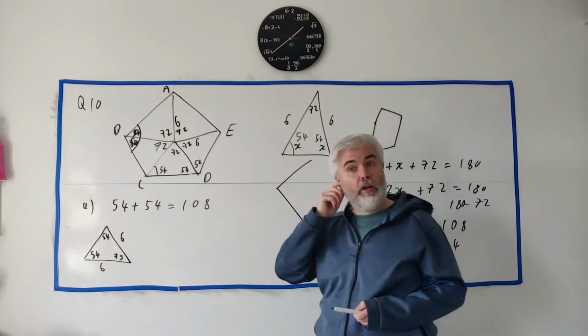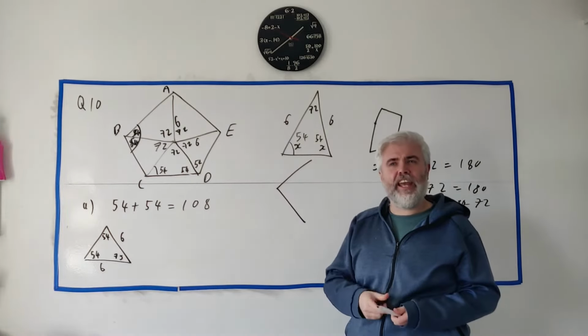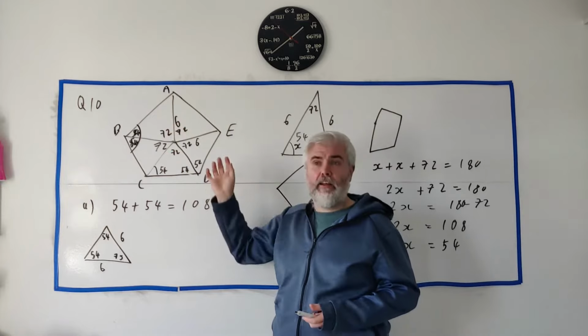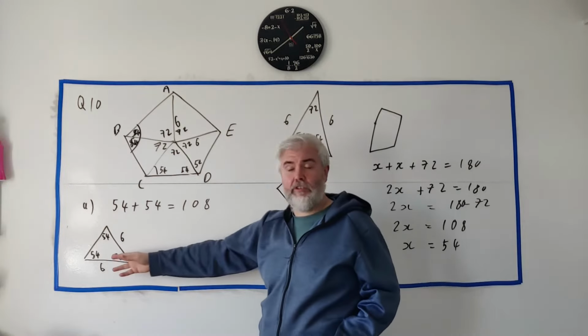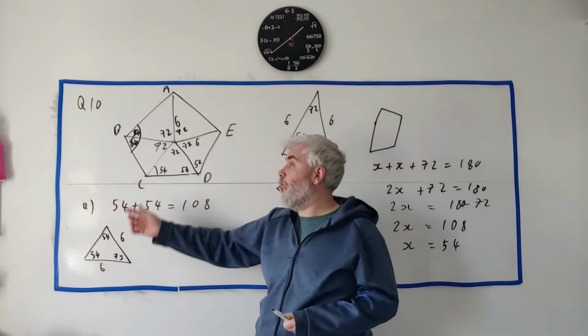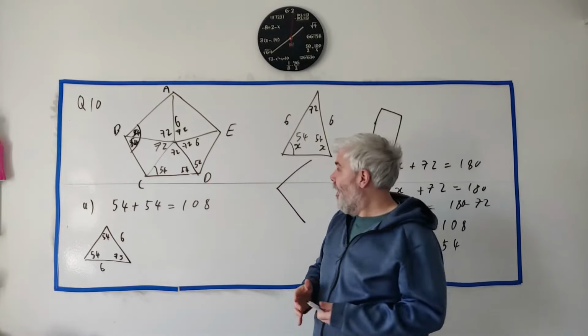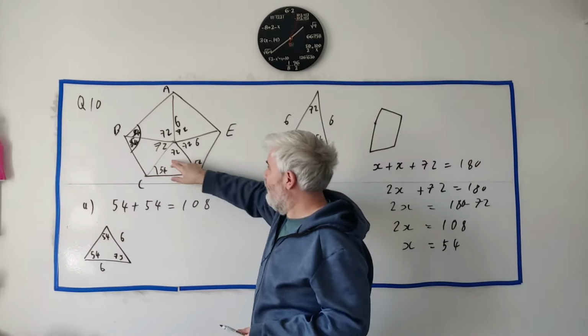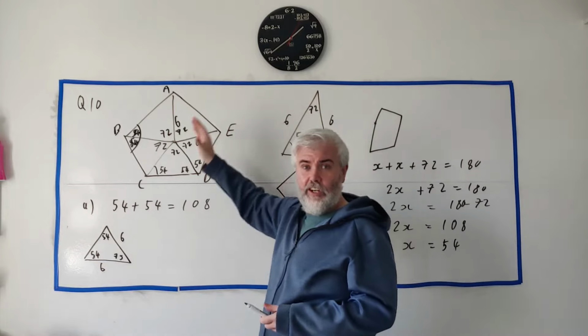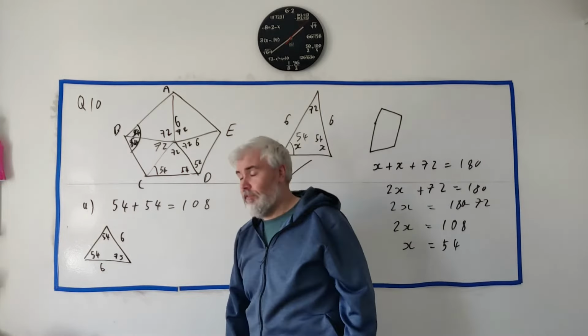They would like us to work out the area of this triangle, and then they say hence the area of the whole thing. That just means do this first, and with this answer we should be able to get the whole thing. And these are all identical, so if we get this area, the whole area is just multiplied by 5.